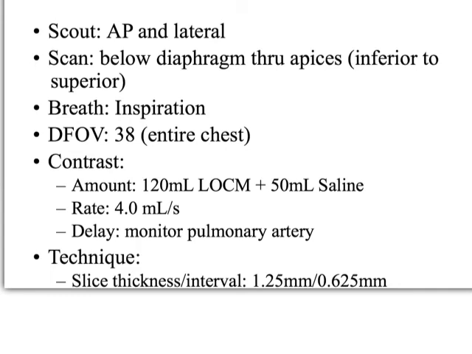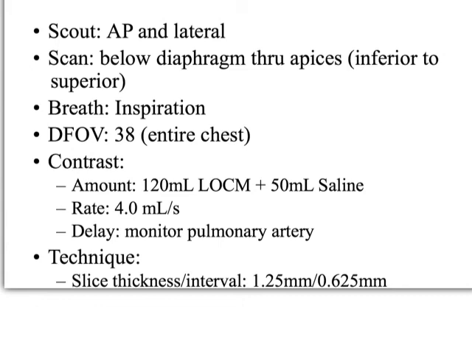So slice interval is going to be pretty thin for this, 1.25 millimeter by 0.625 millimeter. Sorry, let me catch up with my notes here and write the rest of this in.